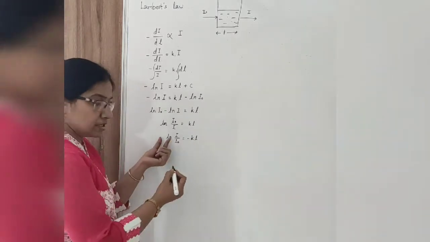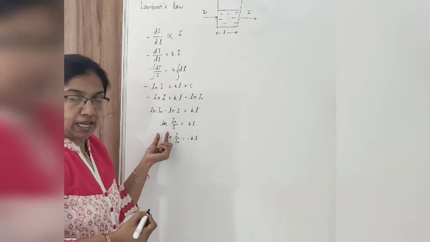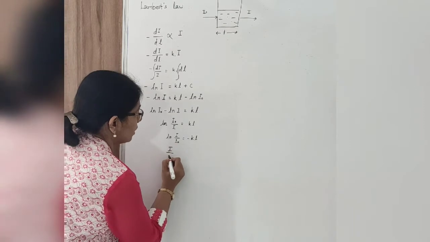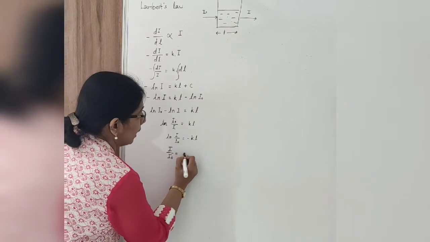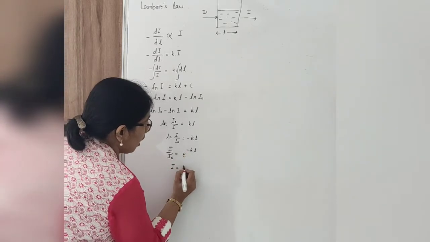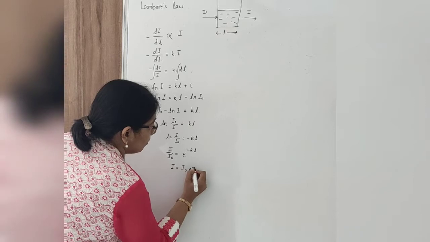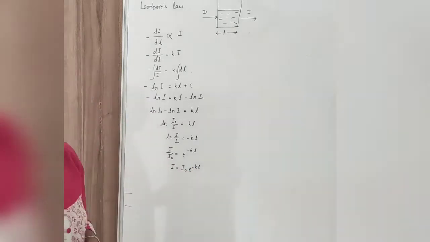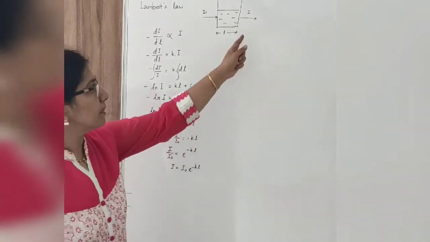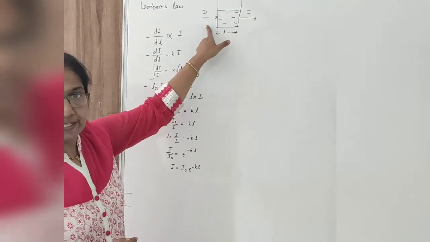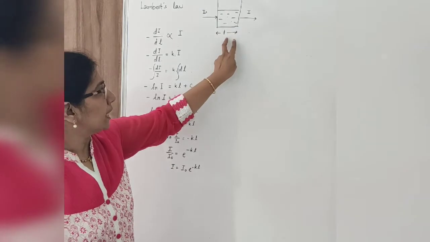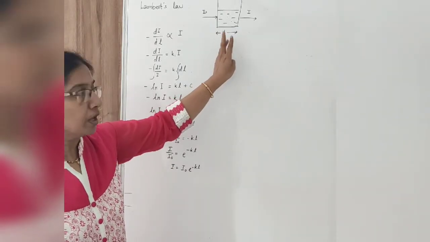Taking the natural logarithm away, this becomes I upon I0 is equal to e raised to minus KL, or I is equal to I0 e raised to minus KL. This is the relationship of the transmitted light with incident light and the thickness of the absorbing medium.